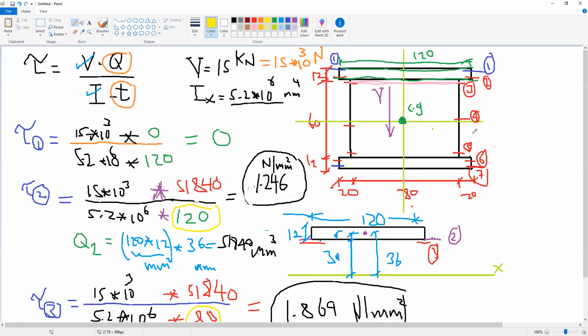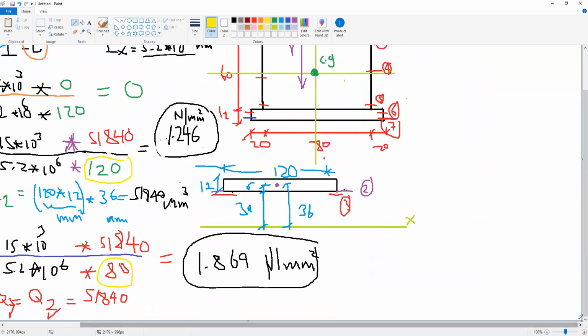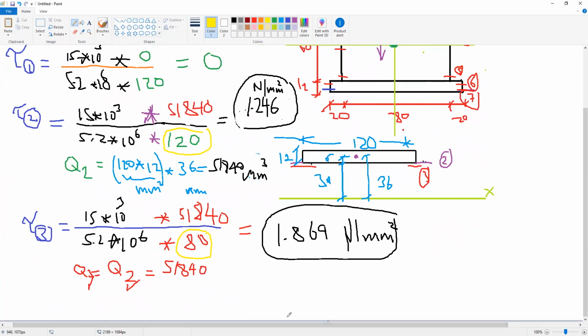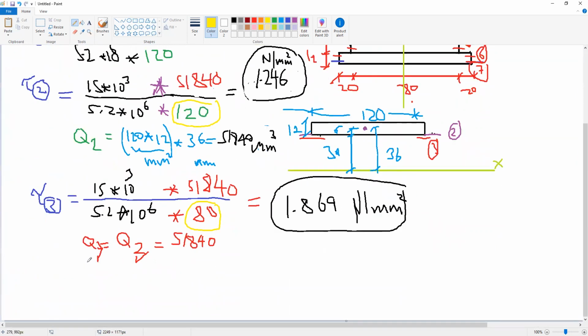Okay. The last section we have on the top part is section 4. If I ask you to calculate the area at section 4, so here now it's time for tau 4.